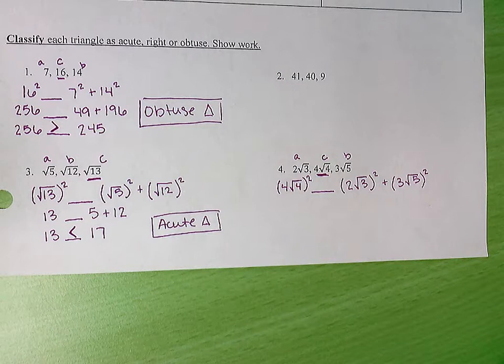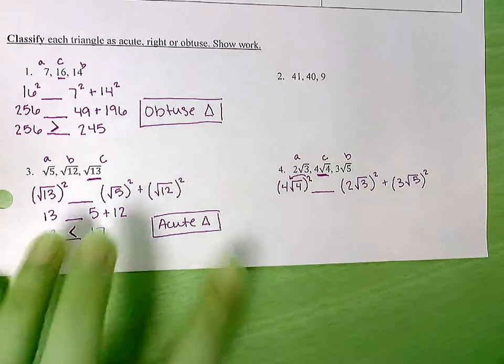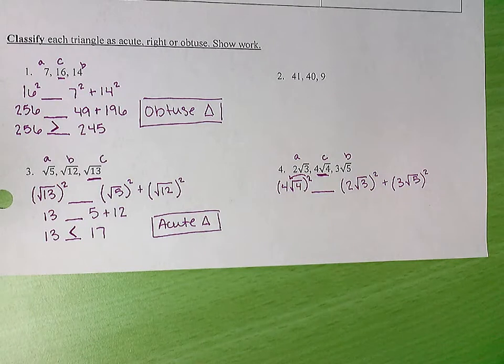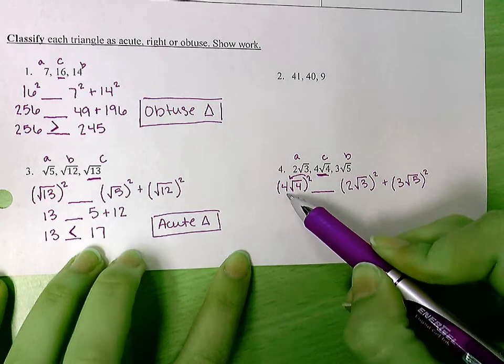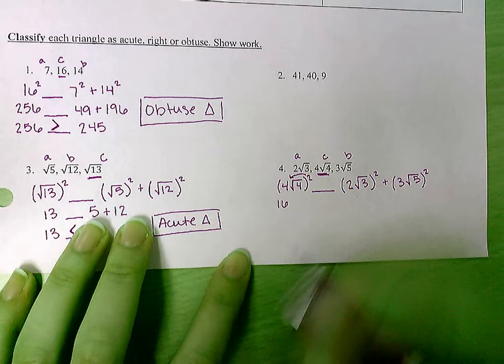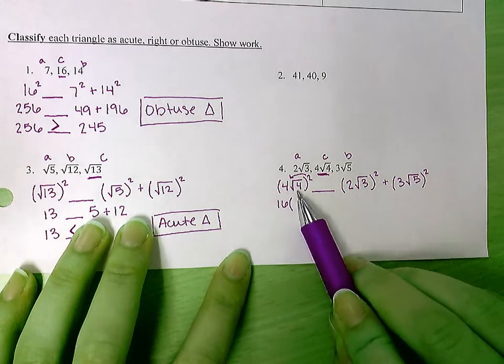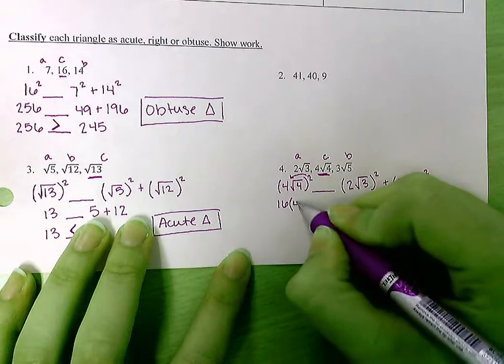Now when you have something like this, yes, your square root is going to cancel because of that squared, okay? But you also need to apply that square to the number outside of that root. You have to distribute it to both of those terms. So I have 4 squared is 16 times the square root of 4 squared is just 4, right?